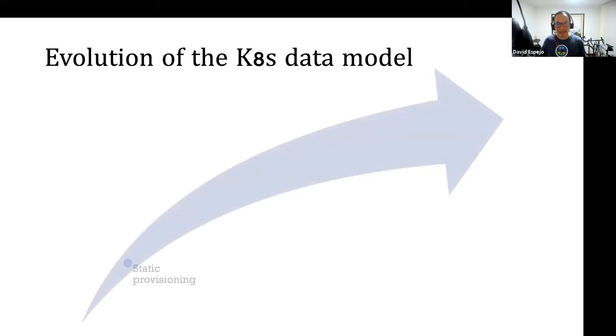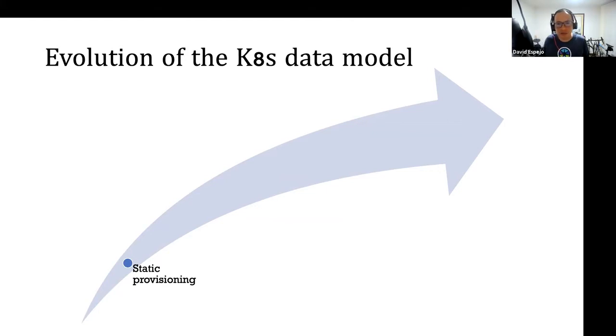So back in the days, after Borg was donated to the CNCF and Kubernetes as we know it started to grow, one of the first mechanisms to create storage for a pod was static provisioning.